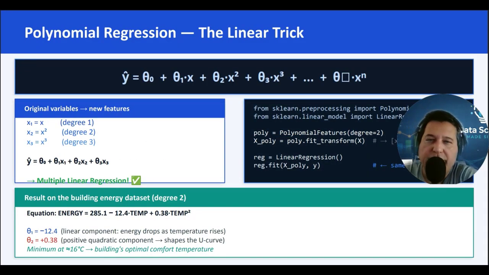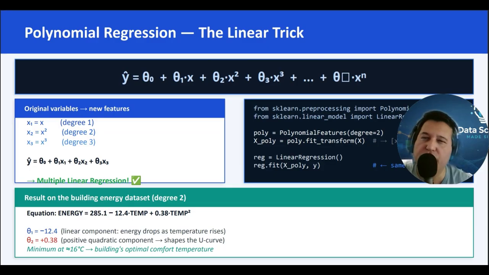Polynomial regression, the linear trick. Let's focus on polynomial regression, which uses a very elegant mathematical trick. By adding powers of our original variable, like x squared or x cubed, we create new features. By doing so, the mathematical model reduces to a classical multiple linear regression.